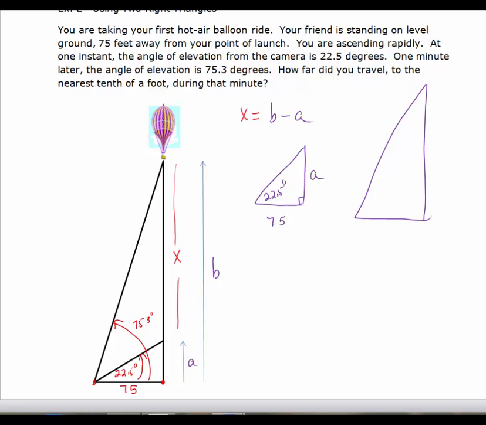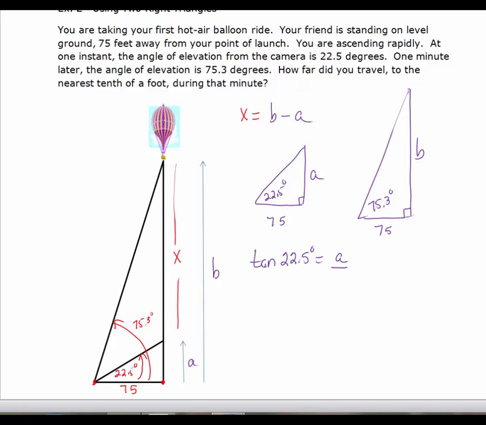Those two triangles share the base, which is 75. It has a right angle, and this side is B, and this angle is 75.3 degrees. So I know that the tangent of 22.5 degrees is equal to A over 75, or A is equal to 75 times the tangent of 22.5 degrees.